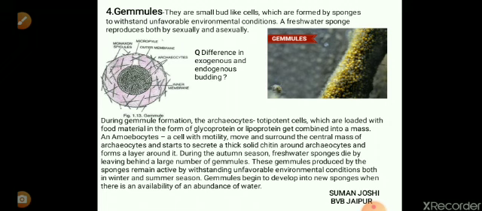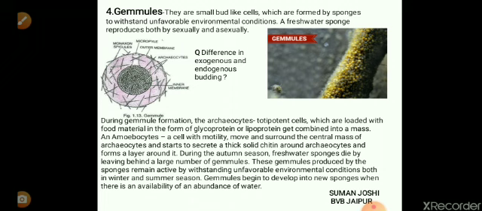Small bud-like cells are formed in sponges, and they help the organisms withstand unfavorable environmental conditions. These small bud-like structures which are formed inside the body of the organism are known as gemmules. So gemmules are endogenous buds. Now during gemmule formation, the archaeocytes, because sponges are from the Porifera group, they have cells known as totipotent cells, which are stem cells and which can differentiate into any kind of cells.